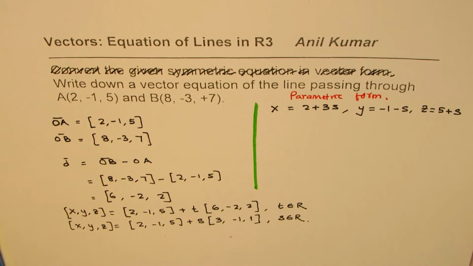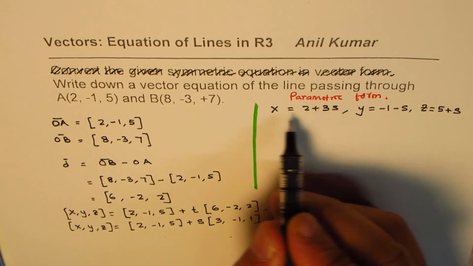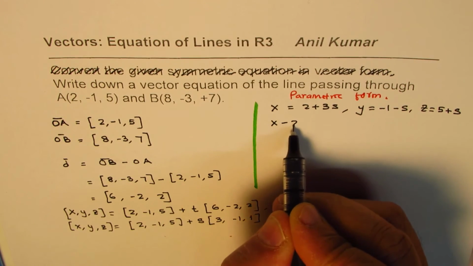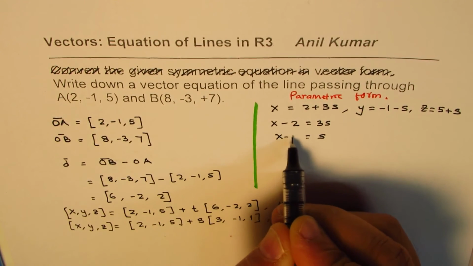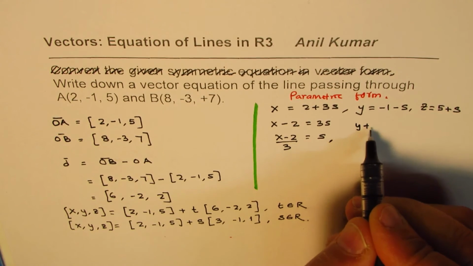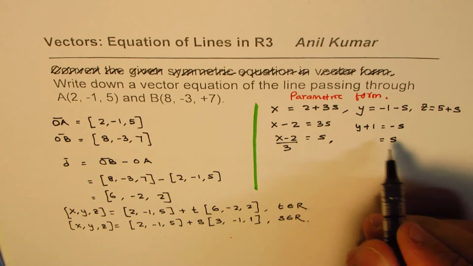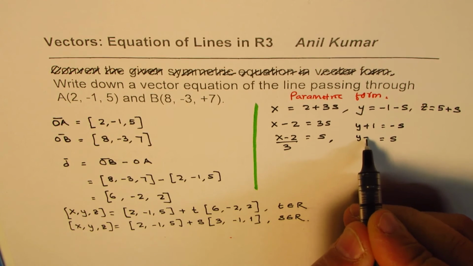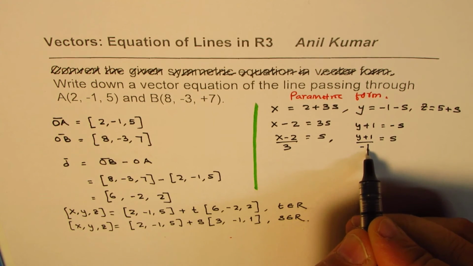Right. So we could also write this in symmetric form by isolating s. If I isolate x, I will get x minus 2 equals 3s, or we can say s equals (x minus 2) divided by 3, right? Here we'll get y plus 1 equals minus s, where I could write s as minus y, but I'll prefer to write this as (y plus 1) divided by minus 1, right?